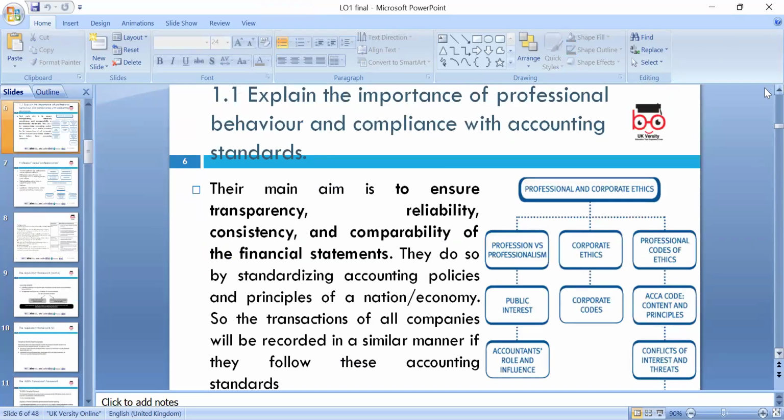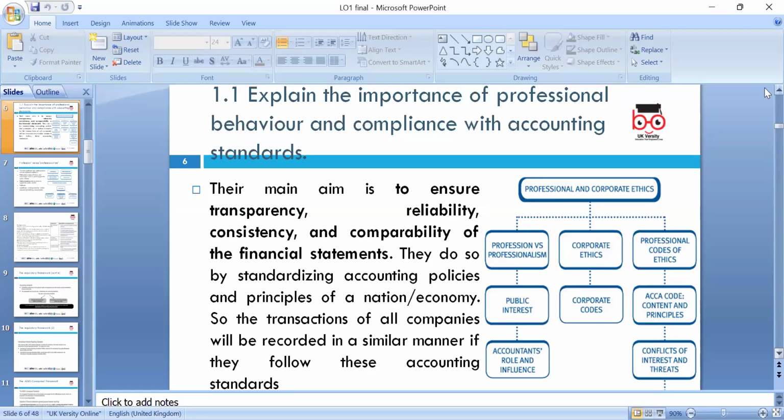Due to the professional, there are different threats we will go through. Please explain the importance of professional behavior and compliance with accounting standards. The main aim is to ensure transparency, reliability, and consistency in the financial statements, with standardized accounting policies and principles.